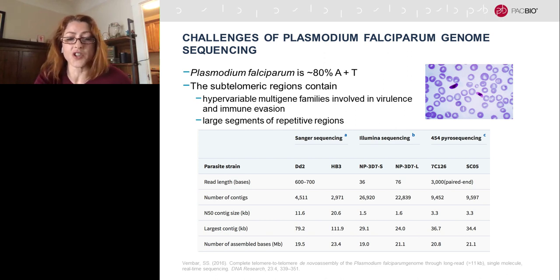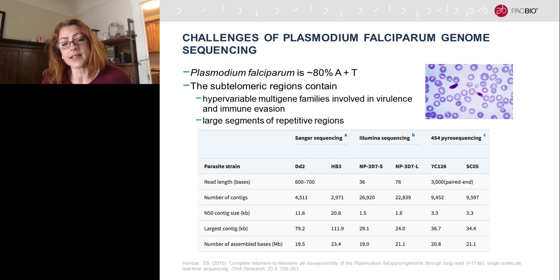As you can see from the chart below here, all of these previous sequencing technologies were not able to do a very good job of providing a reference genome that let researchers really dive into all of this complexity. For example, the number of contigs for Sanger sequencing was not so bad, several thousand contigs, but attempts to add to the number of strains that had been sequenced with Illumina sequencing or 454 sequencing were very unsuccessful, I would say.